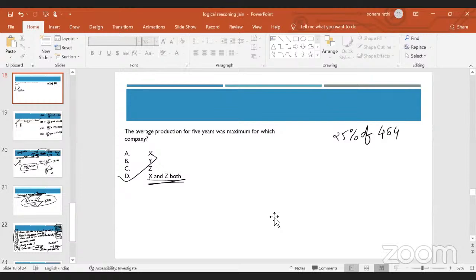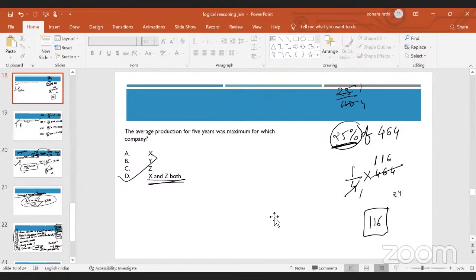But if you know that 25% is nothing but 1 by 4, then 1 by 4 of 464 you can calculate easily. 4 ones are 4. Again 4 ones are 4. 2 carry over 4. 4 sixes are 24. So 116. So even if the calculator is not allowed, you can easily solve this basic calculation.